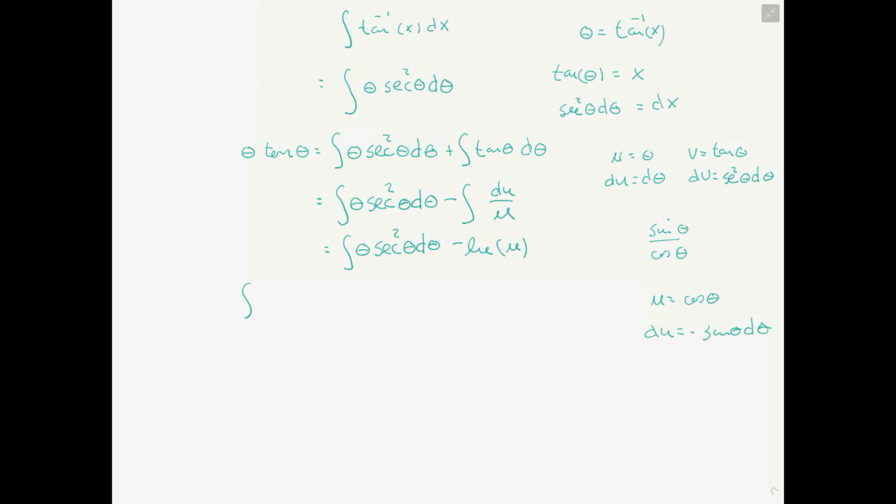And now we do some rearranging. We've got theta secant squared theta d theta equals theta tangent theta plus the natural log of u, but u is cosine of theta. Plus c. And now we go back to x.